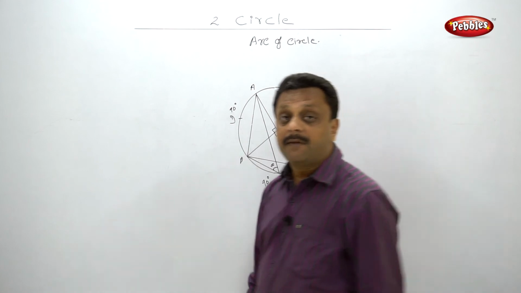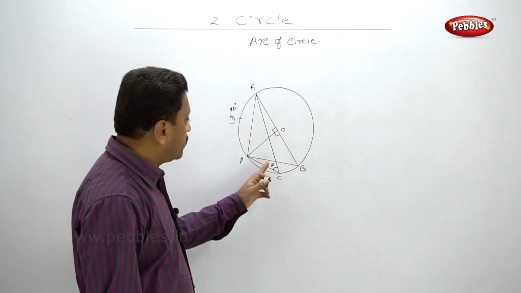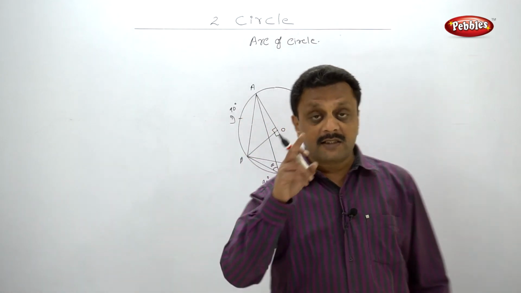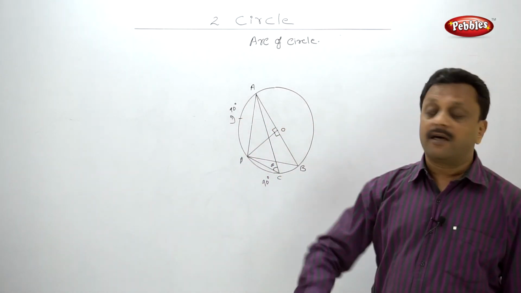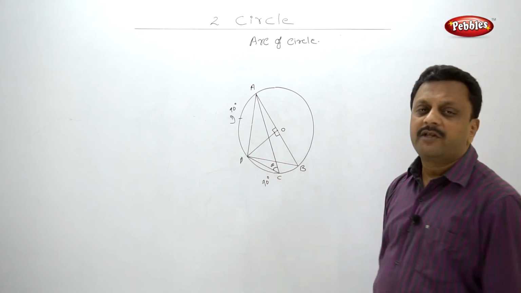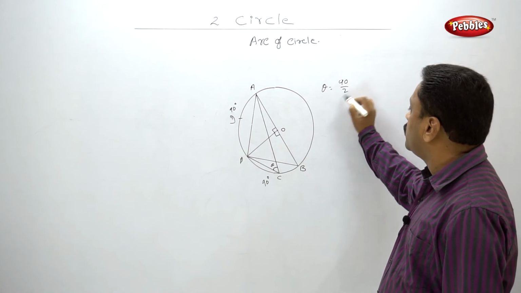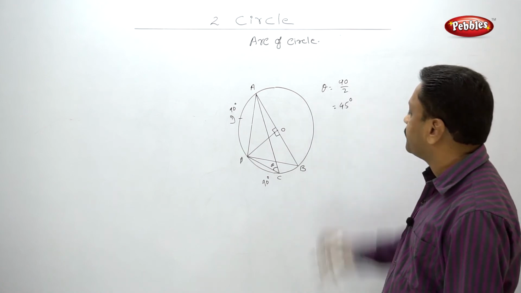By the inscribed angle theorem, this angle theta will be half of the central angle, because that arc is subtending a central angle of 90 degrees. So what will theta be equal to? Simple, theta equals 90 upon 2, that is 45 degrees.